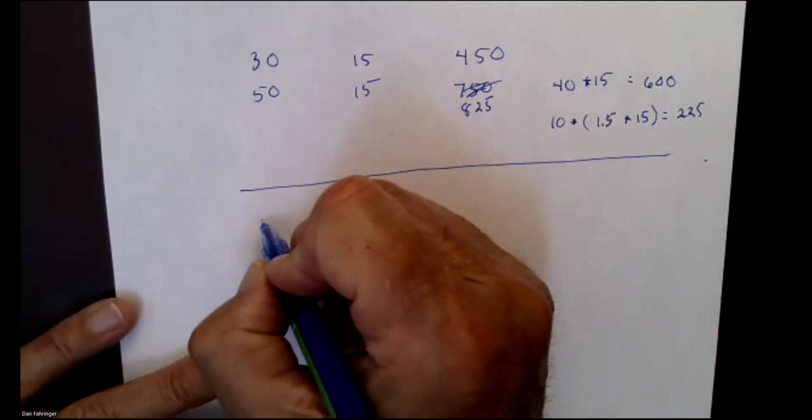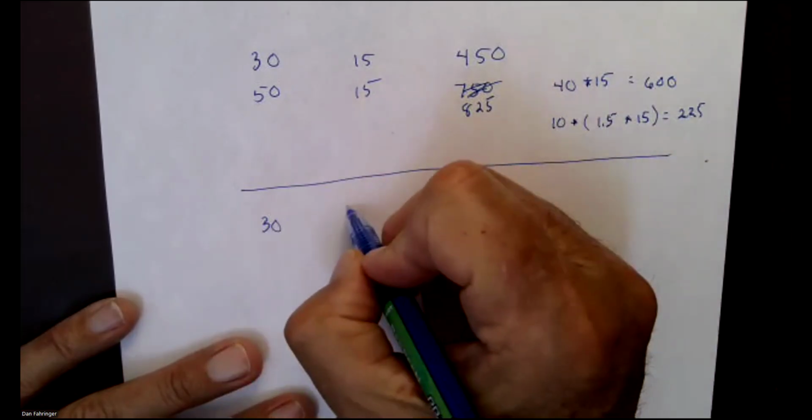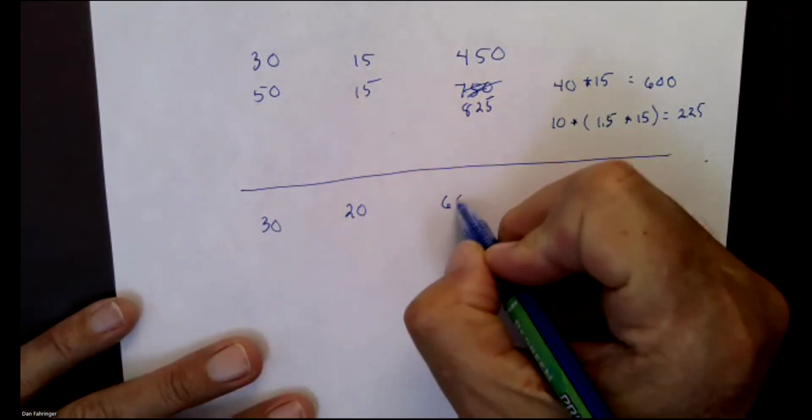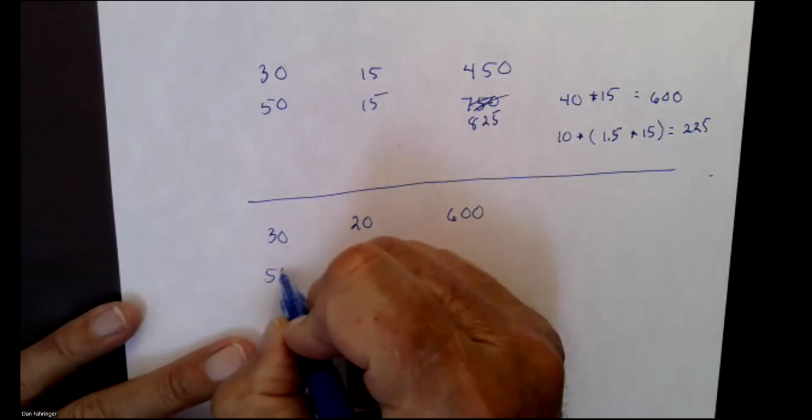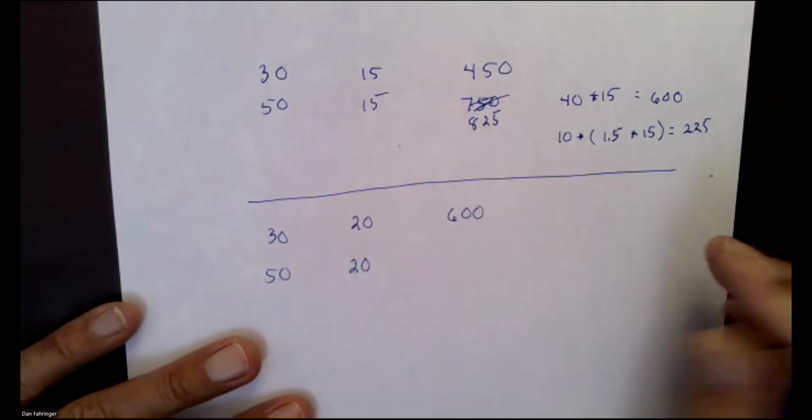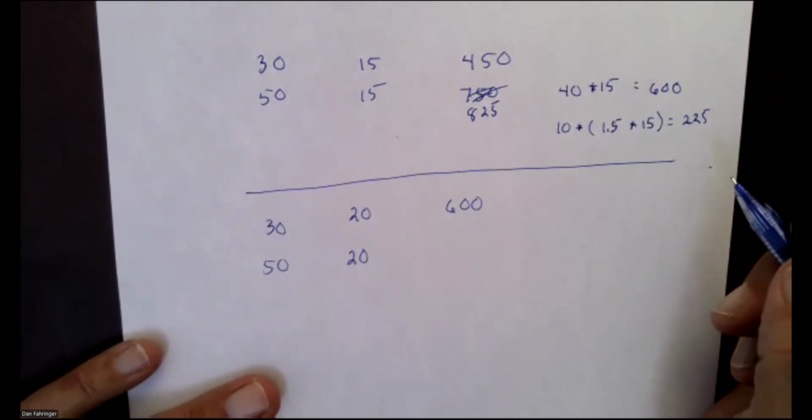What if it's not minimum wage? 30. They make $20 an hour. That should be easy, 600. And 50 at $20 an hour is not minimum wage.